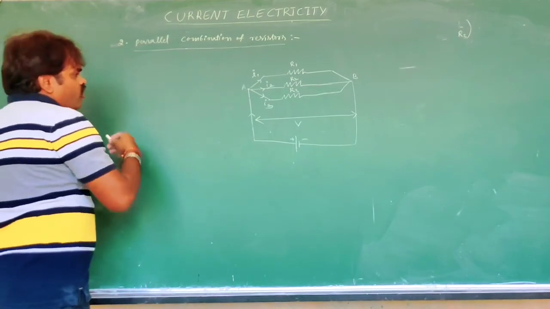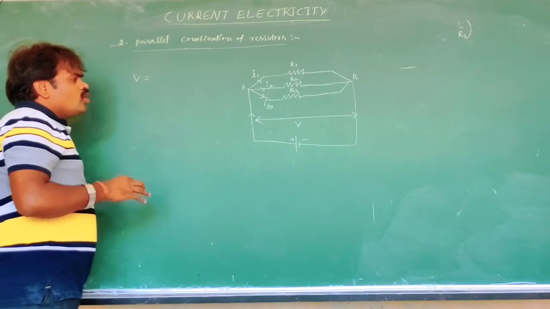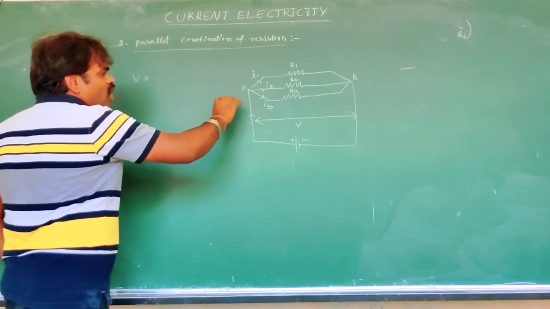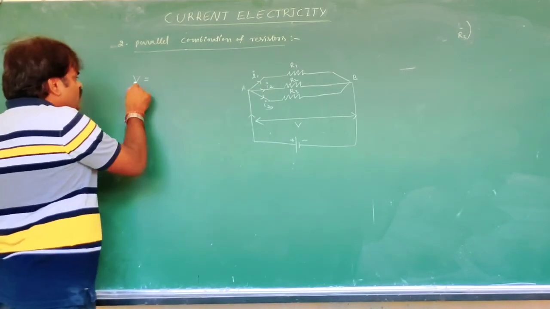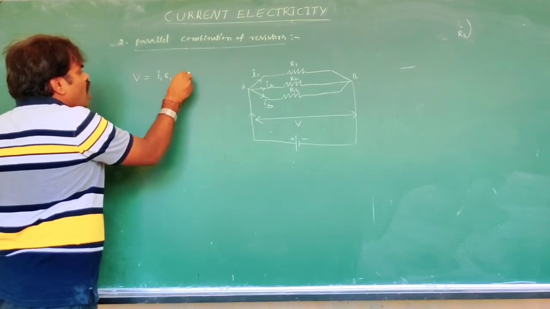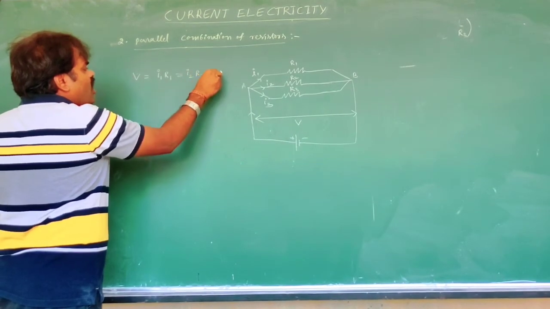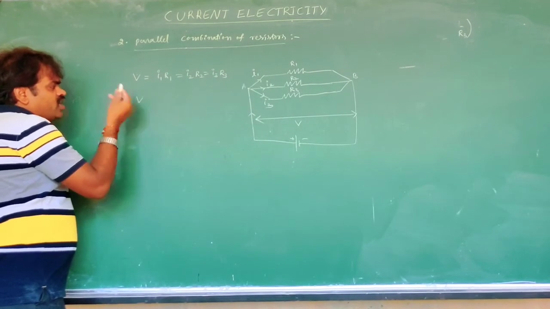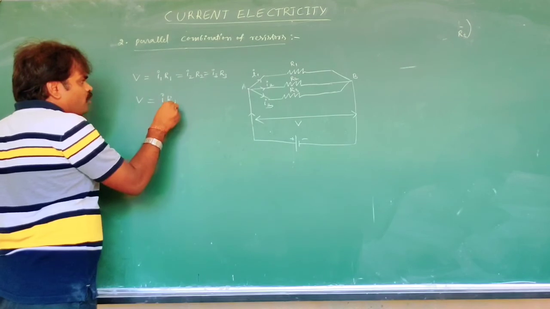Now we know that the potential across each of the resistors in the combination will be the same. That is, V is equal to I1 R1 is equal to I2 R2 is equal to I3 R3. But we know in the parallel combination, the potential V is equal to I into Rp.